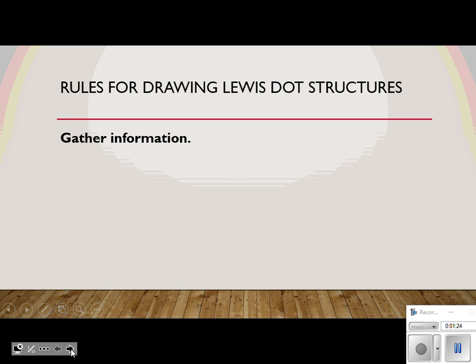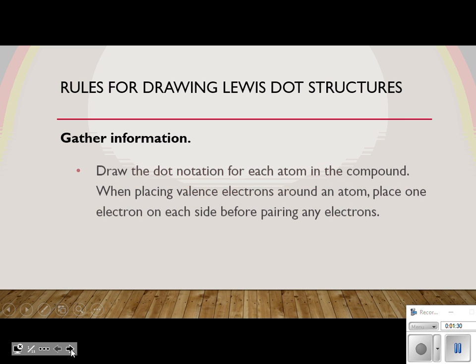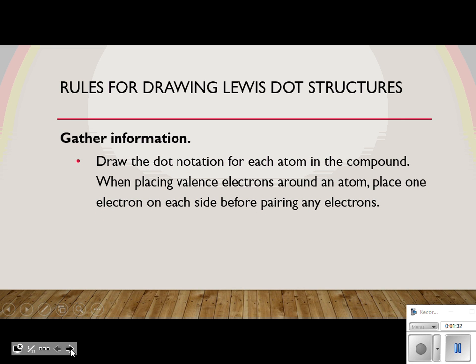So the first thing we need to do is gather our available information, which means that you need to know the dot notations for each of the elements that you're dealing with. So it's going to be a little bit different dot notation than the way that we've drawn them out.